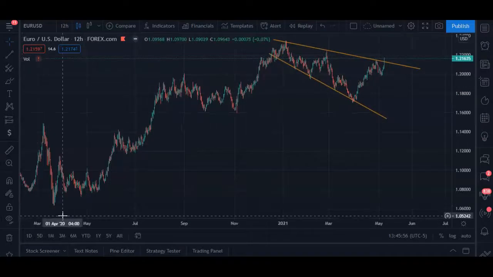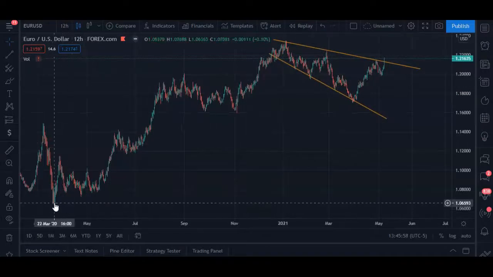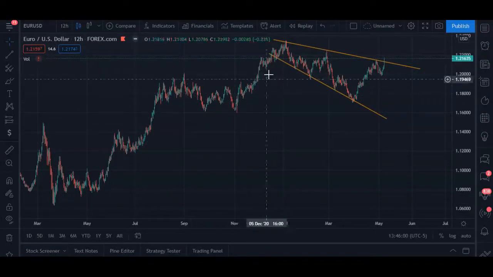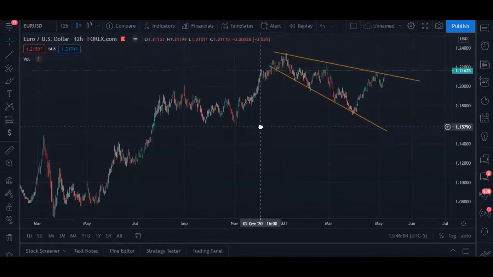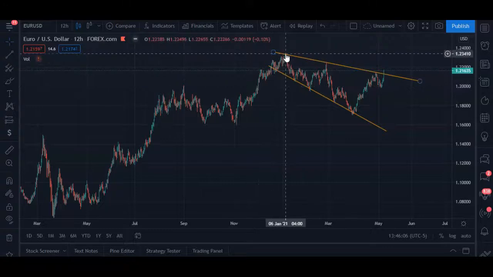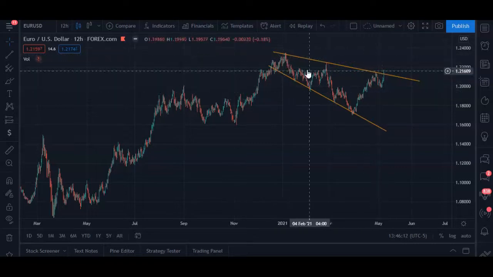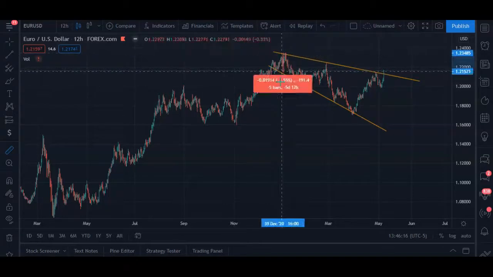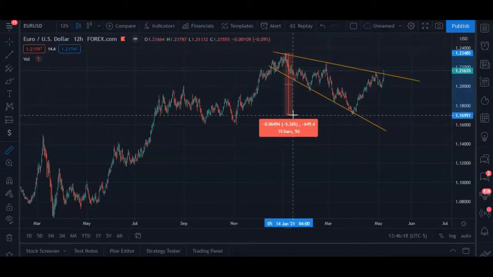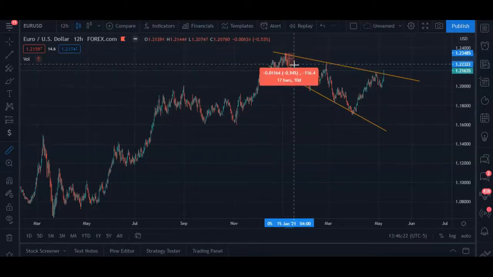So right now, if you had bought in right here, you're pretty much holding on to your position all the way till the beginning of 2021. It fell down a pretty amount. It fell down 650 pips, almost 660 pips, then it bounced up.